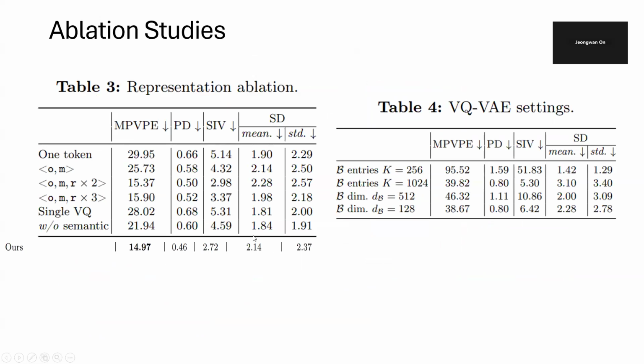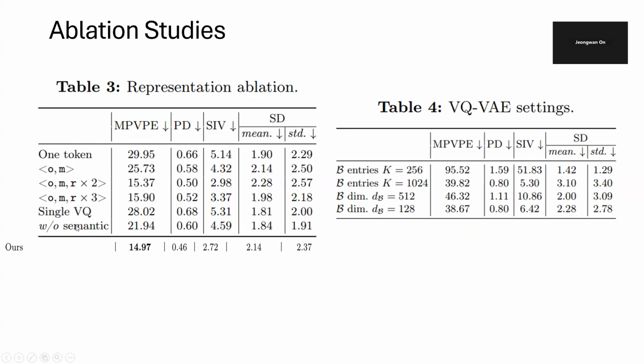Now for the ablation study. 1 token here represents just using 1 token instead of 3 tokens. And OM here indicates no refinement token. For this one, they use 2 refinement tokens, and this one, 3 refinement tokens. And here, instead of a hierarchical VQ-VAE, they used a single VQ-VAE.